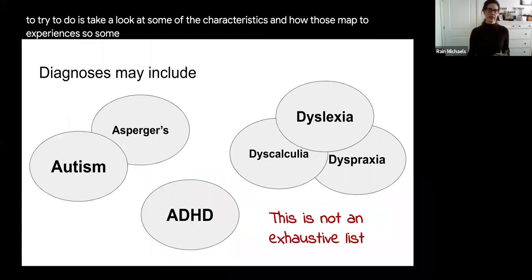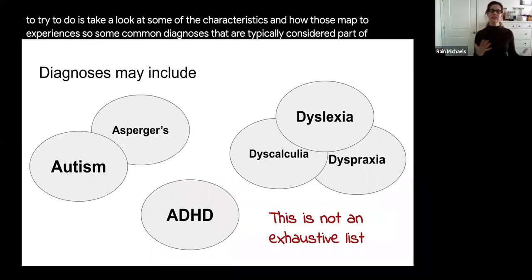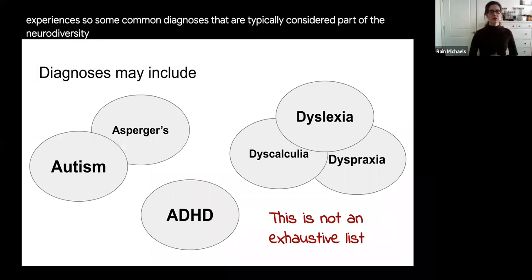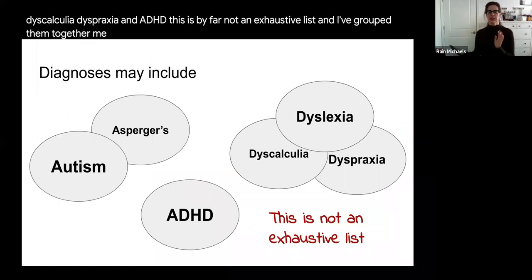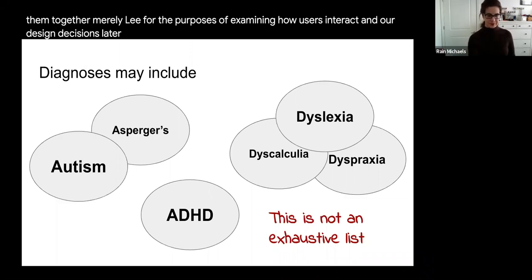So some common diagnoses that are typically considered part of the neurodiversity category include autism or Asperger's, dyslexia, dyscalculia, dyspraxia, and ADHD. This is by far not an exhaustive list, and I've grouped them together merely for the purposes of examining how users interact and our design decisions later in this talk.